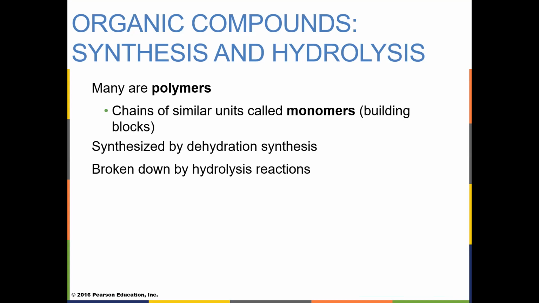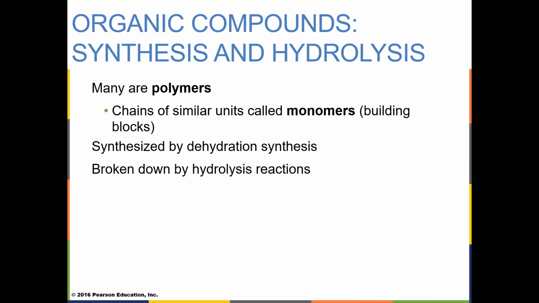In sucrose, which is table sugar, you have 12 carbons linked together. And if we look at starch or glycogen, we have tens of thousands of glucose molecules linked together. So the polymers are made up of smaller units called monomers.